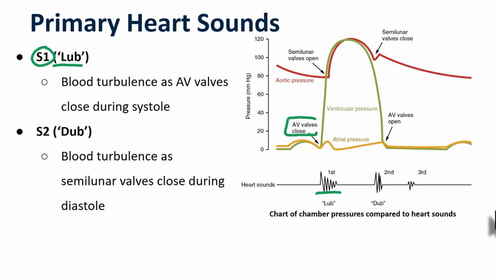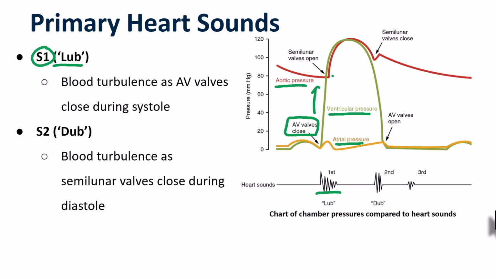Looking at this chart here, we can see ventricular pressure mapped against aortic pressure, charted against atrial pressure. When the green starts to spike, when ventricular pressure sharply rises, what we're seeing is ventricular systole.